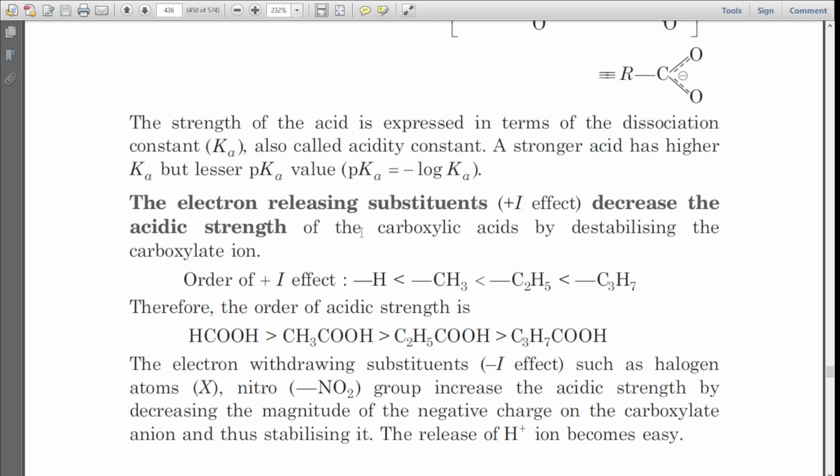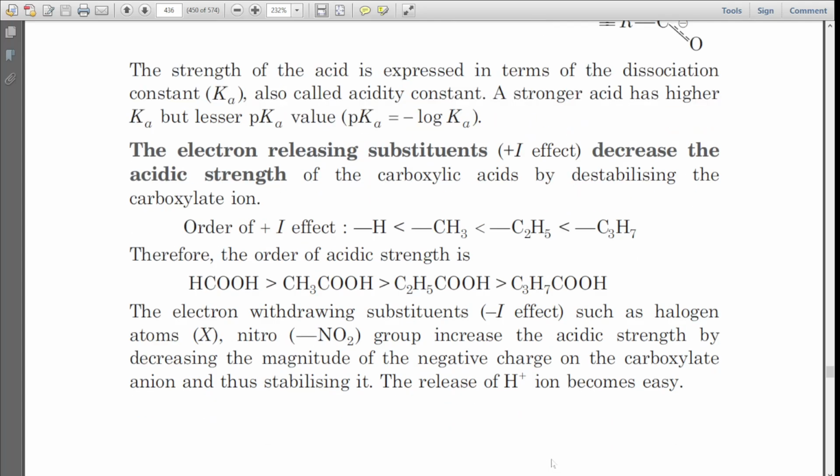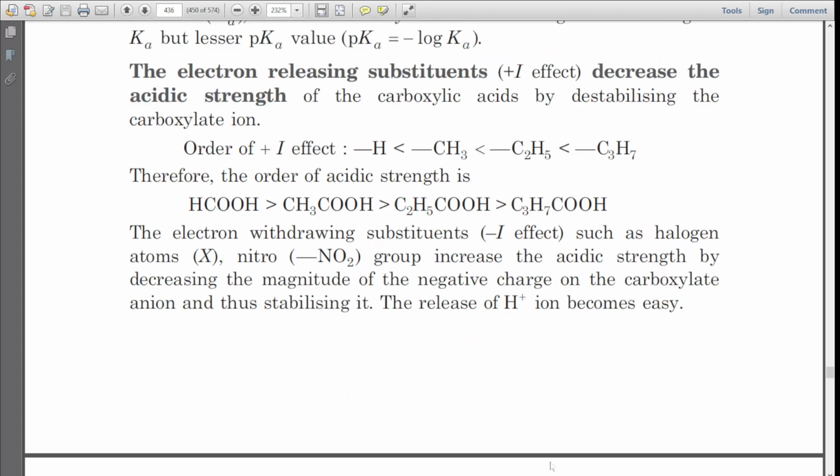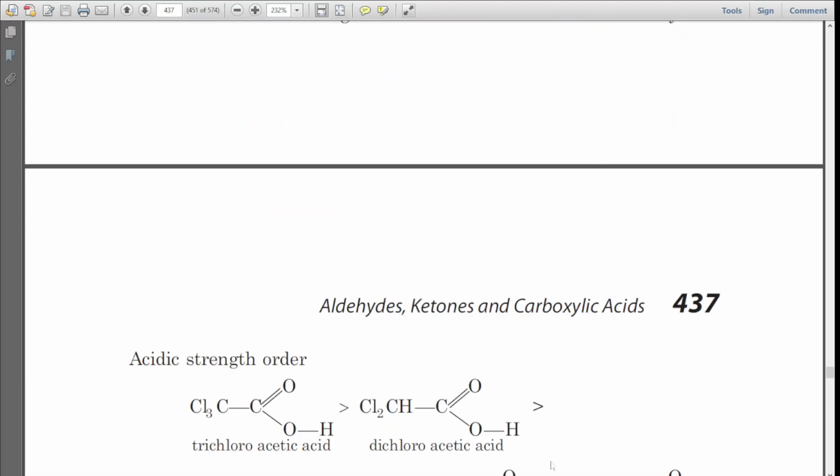On the contrary, opposite of plus I effect, the substituent groups showing minus I effect such as halogens and nitro groups increase the acidic strength by decreasing the magnitude of negative charge on the carboxylate anion and thus stabilizing it. The release of H plus ions becomes relatively easy.